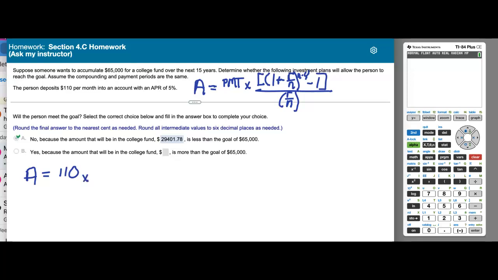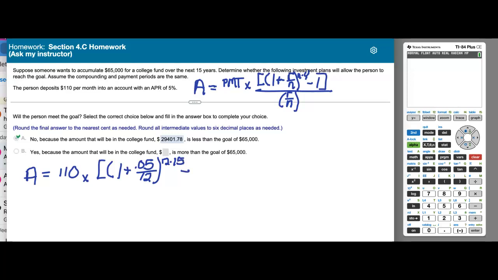So that's times the top part of this fraction, with our two symbols of inclusion: 1 plus the 5%. We're putting this deposit in every month, so the number of times compounded over a year is 12. We're raising that to the number of times compounded, 12, times the number of years, which in this case was 15 years.